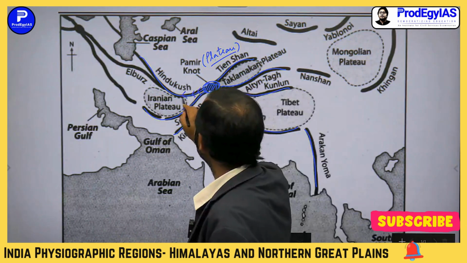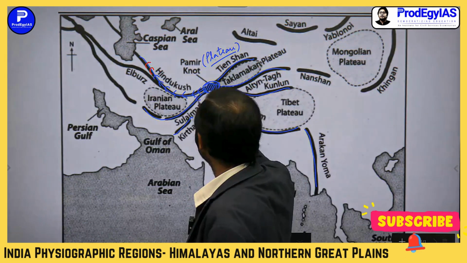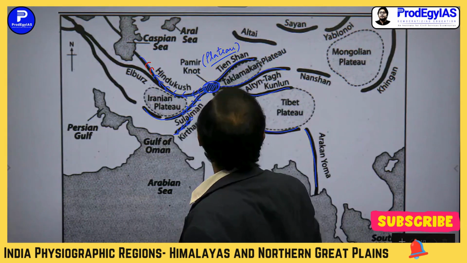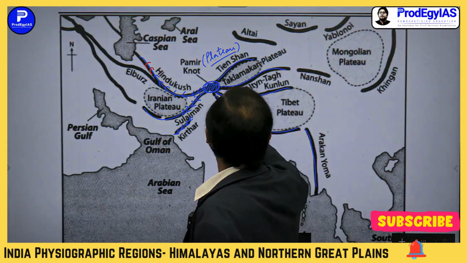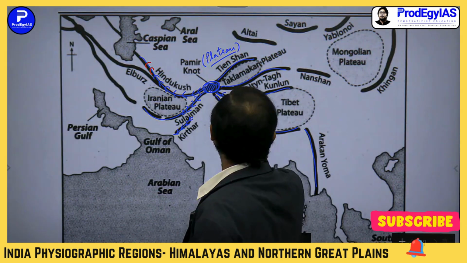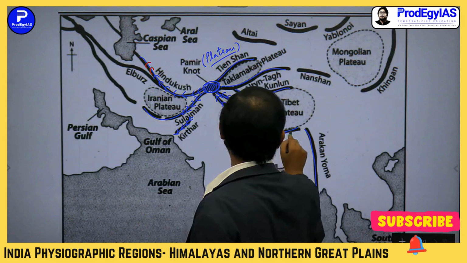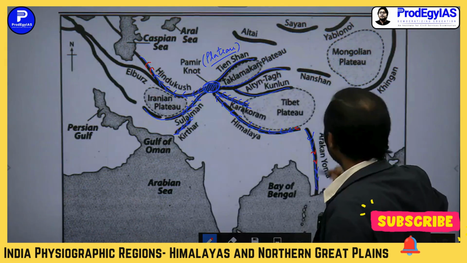This is Hindu Kush range. This is Suleiman range. This is Kirthar range. Here, this is Karakoram range, and this is your Himalayas, right? And this is the extension of Himalayas, Arakan Yoma.